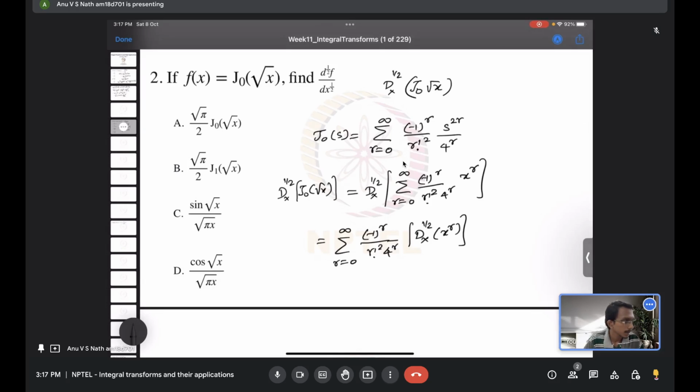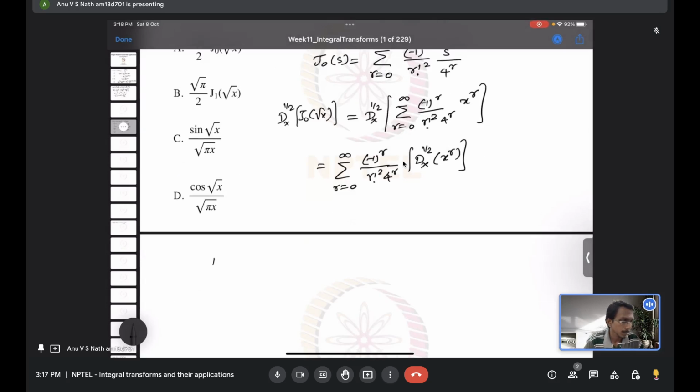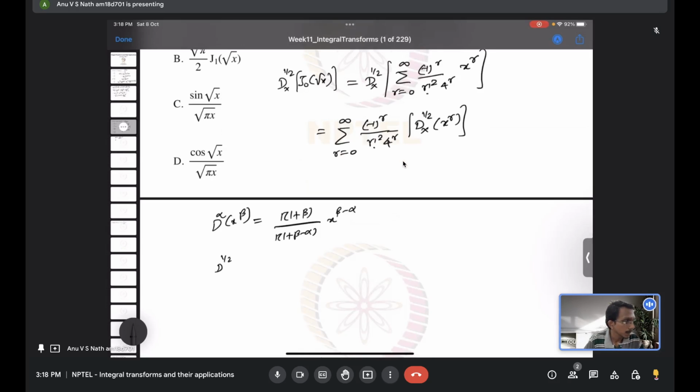Now remember we have seen D to the alpha of x to the beta is gamma of 1 plus beta over gamma of 1 plus beta minus alpha, times x to the beta minus alpha. So here we have D to the half of x to the r. Let me call this expression 1.